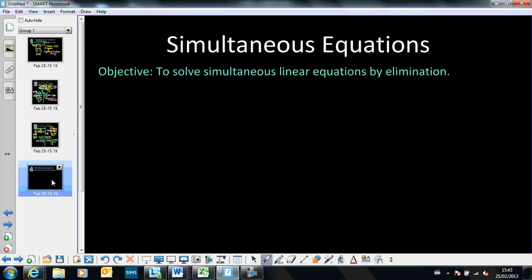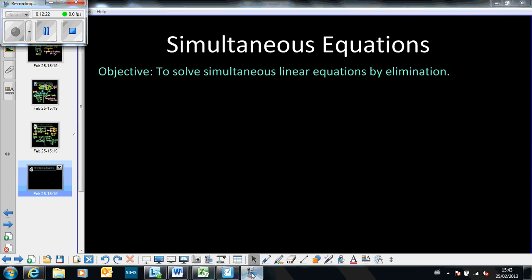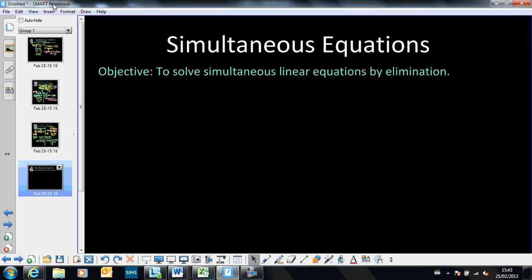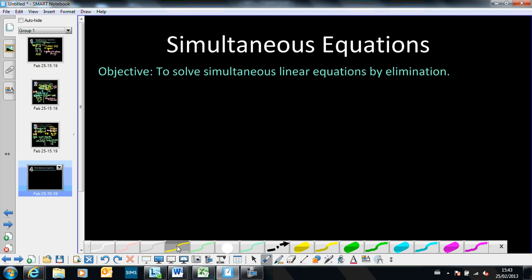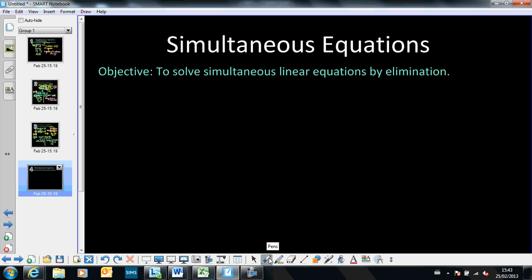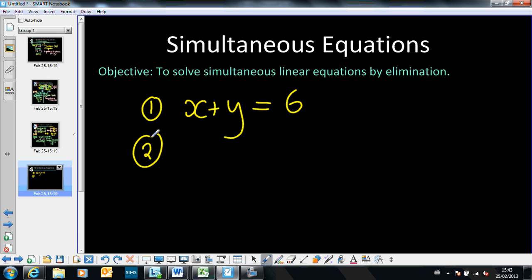Before I wrap up here, and this was a long one today, but it's a new concept to a lot of you, I imagine. I just want you to think, how would it be different? What might I do differently if I've got these two equations? x plus y is 6 and 2x minus y equals 9.